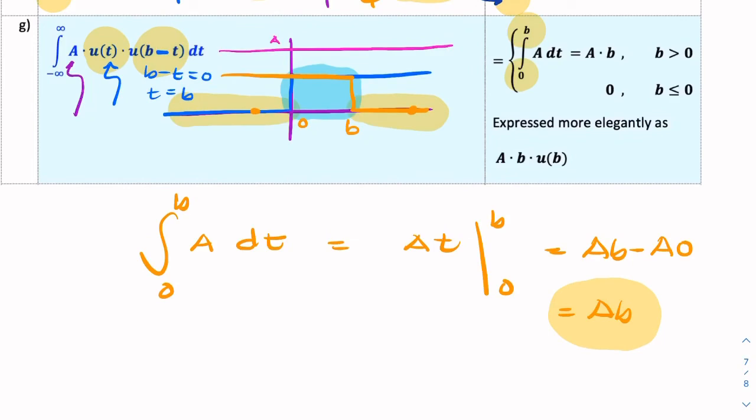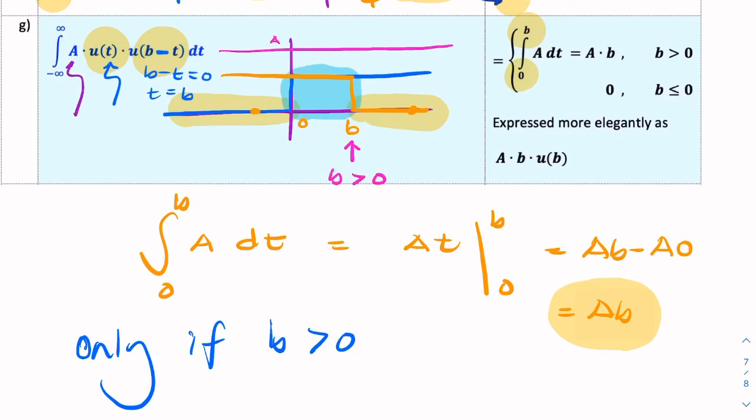Well, not really. Because that's my answer only if b is greater than 0. You see b here? B is greater than 0. That's how I sketched it.